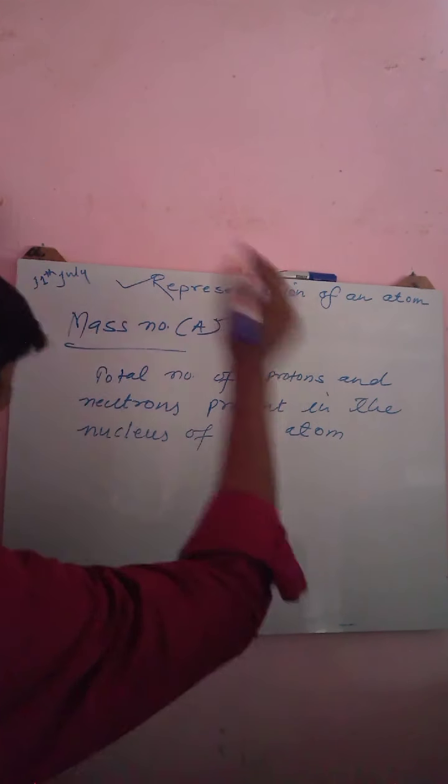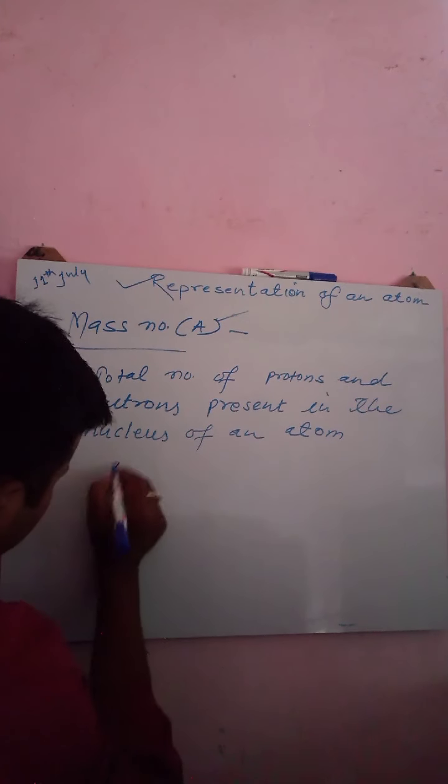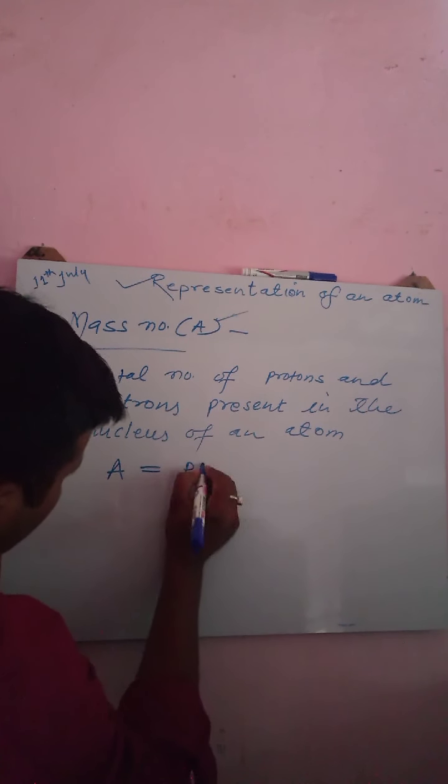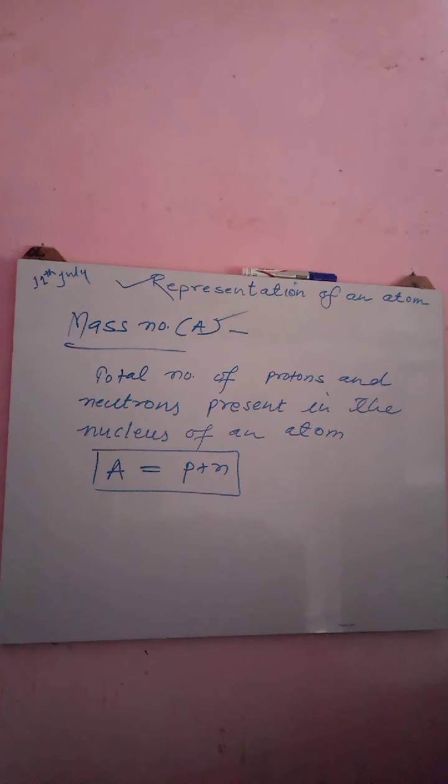It is represented by the symbol A. So we can say mass number A is equal to P plus N. The total number of neutrons and protons present in the nucleus of an atom is called mass number.